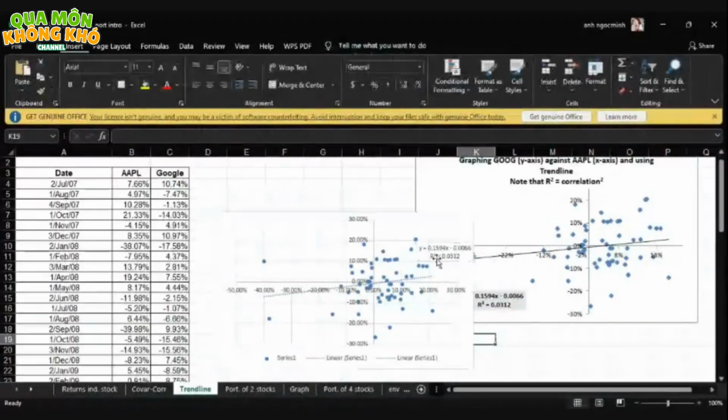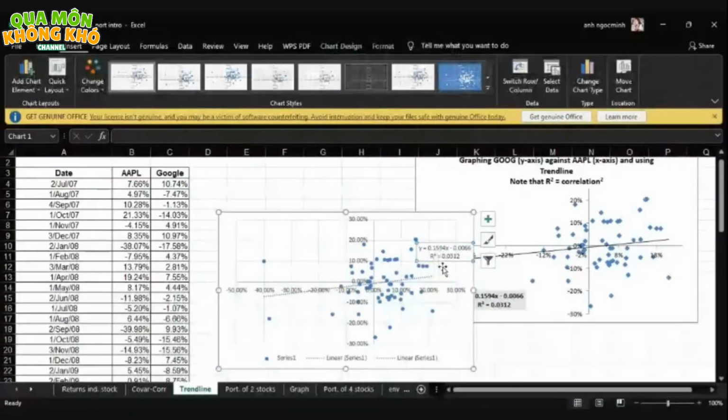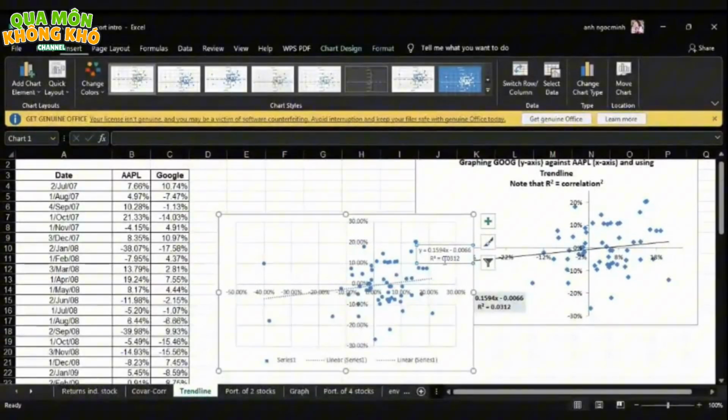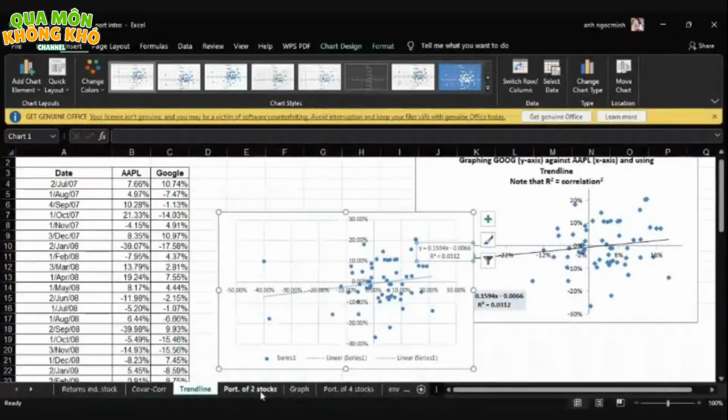And from this result, we can conclude that if the returns of Apple increase by 1%, the return of Google will increase 0.1594%. So we can see that it has a positive relationship.